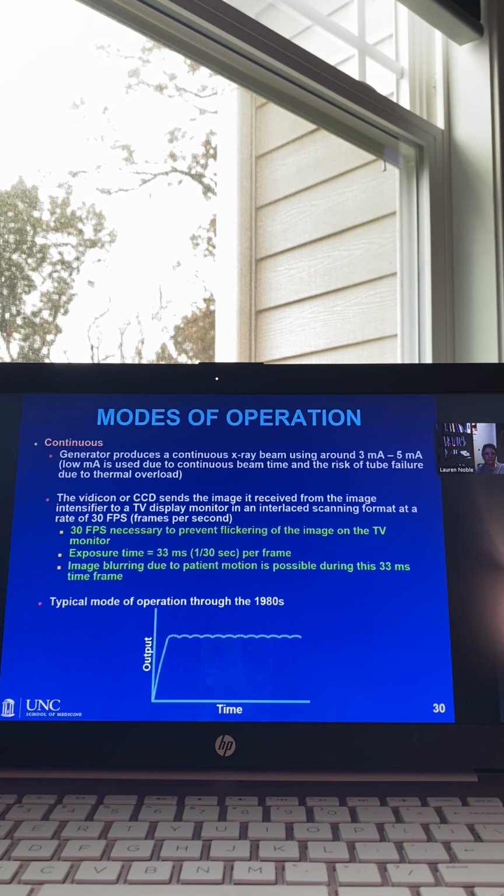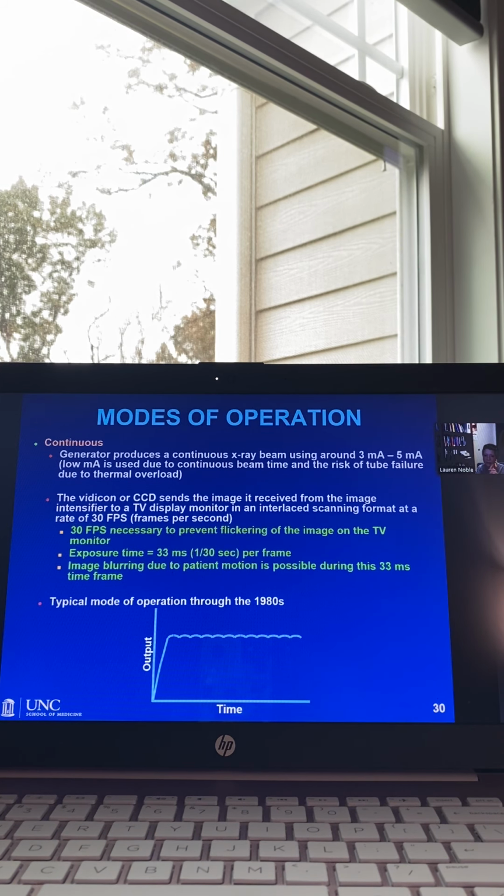Now, what do you know about MA and time to yield a particular mass? So I'm going to divert for a second. When we talked about mass, did we talk about the fact that you can use different MAs and different times to yield a certain mass? We did, right?